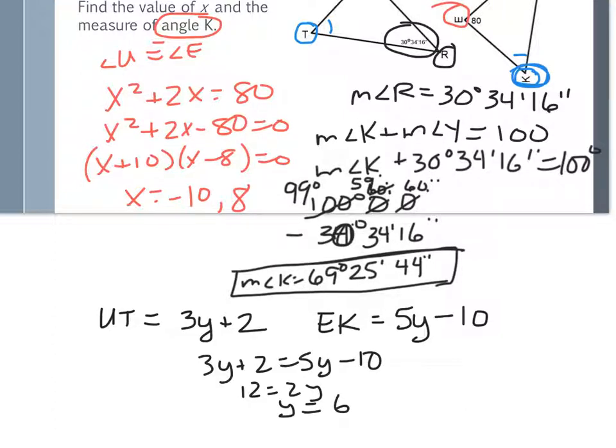The value of y is 6. I could have then further asked you for the length of one of the sides, and you could substitute it in and find that the side length is 20. UT is equal to EK, which is equal to 20.